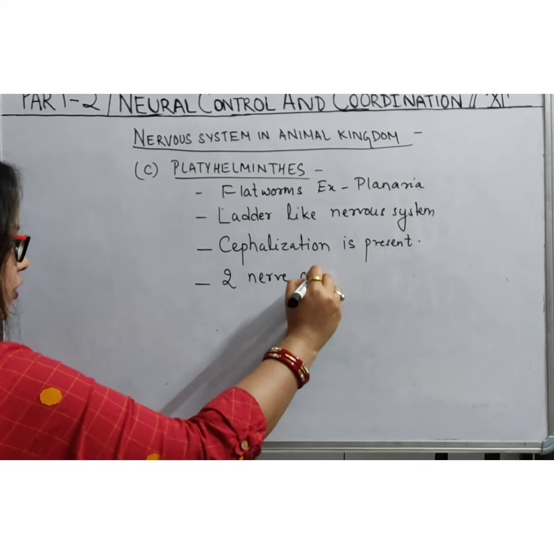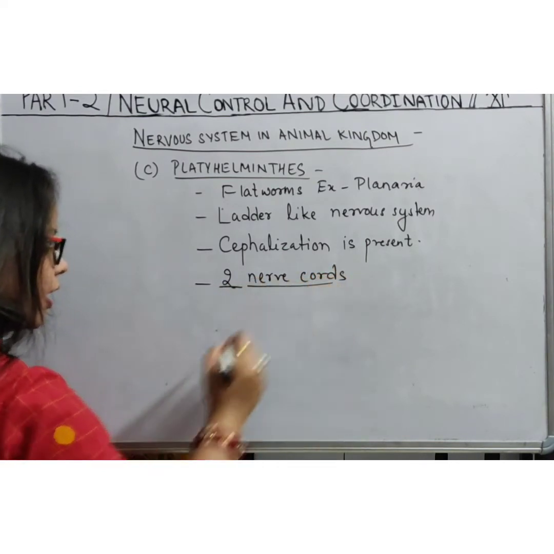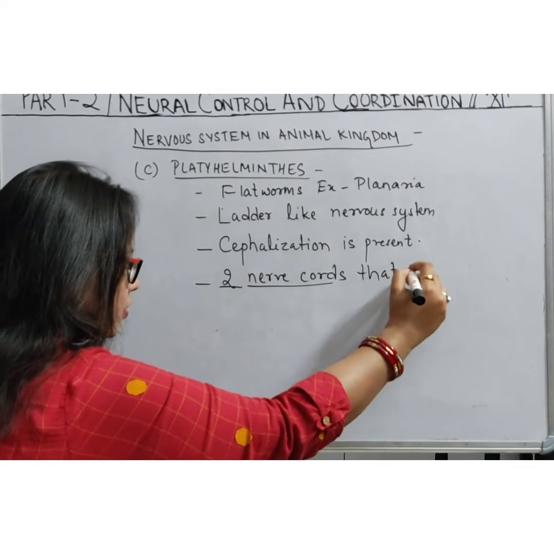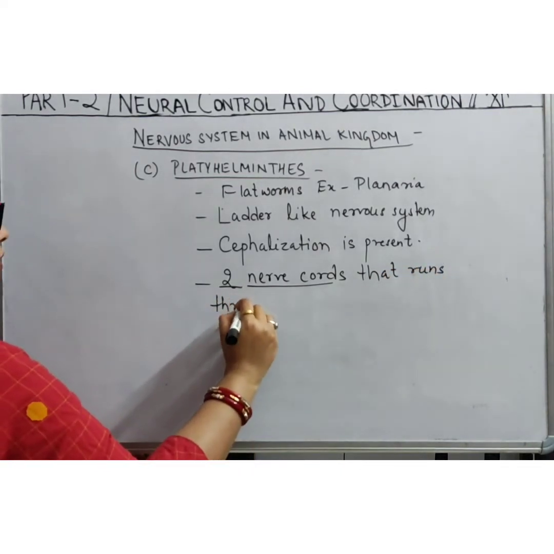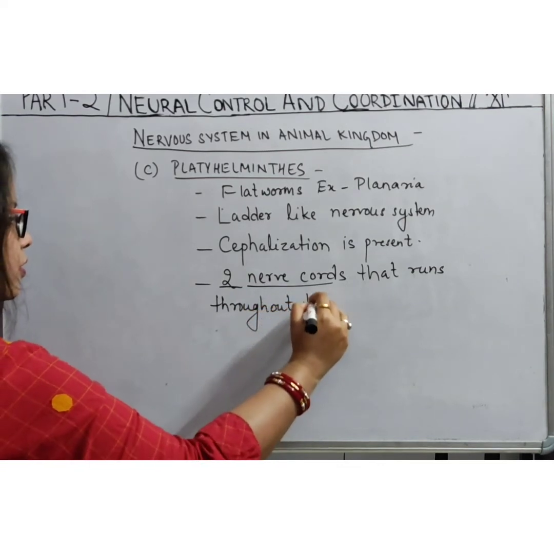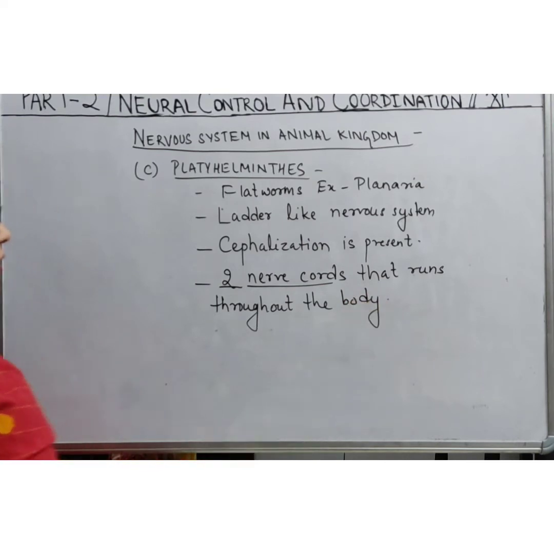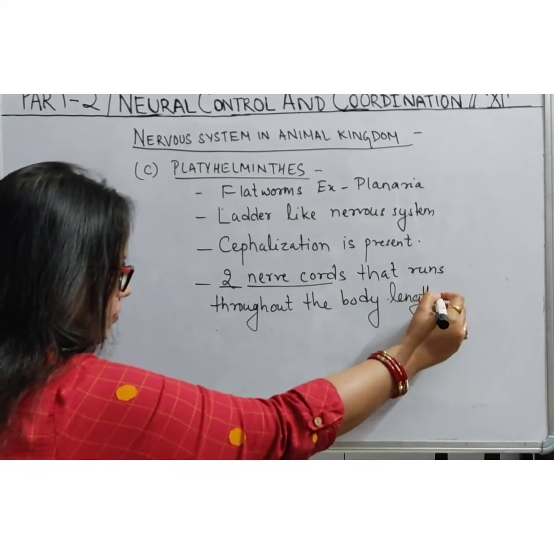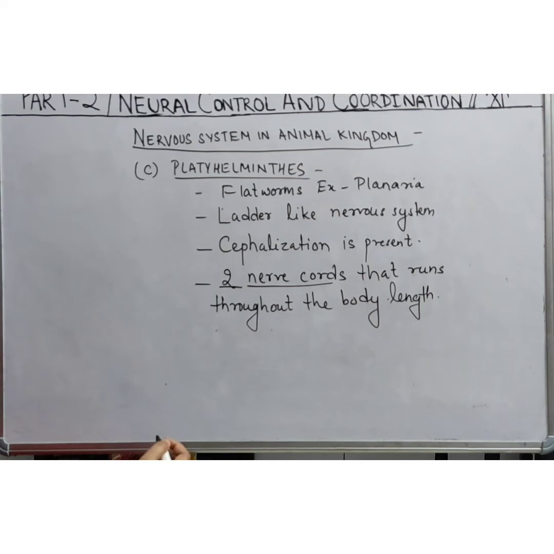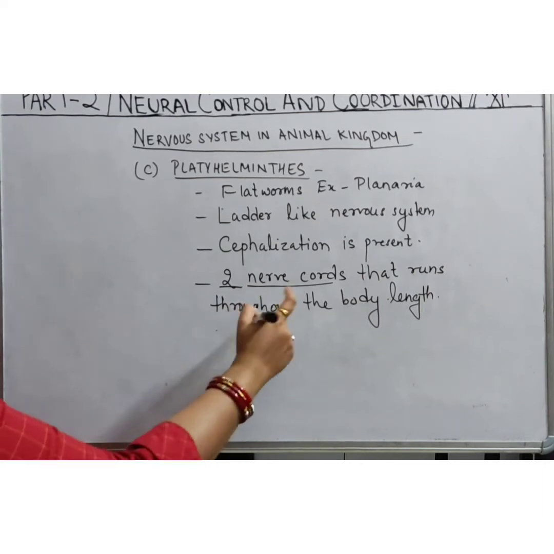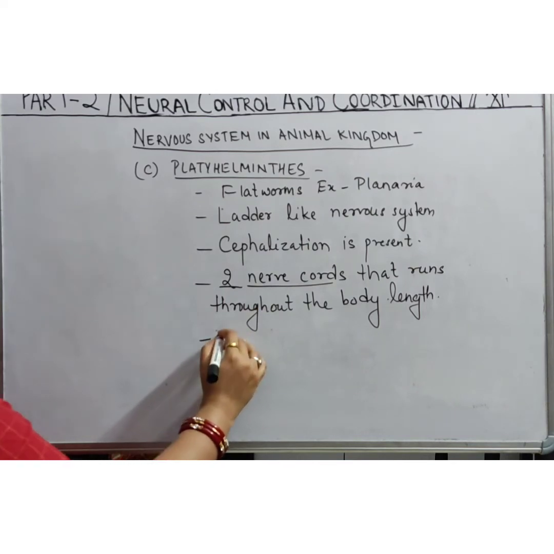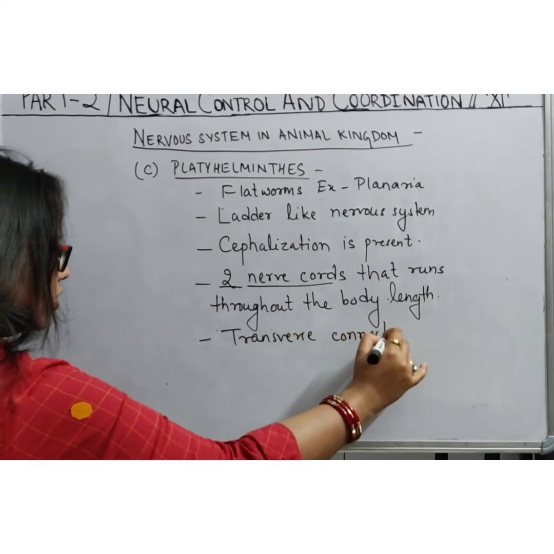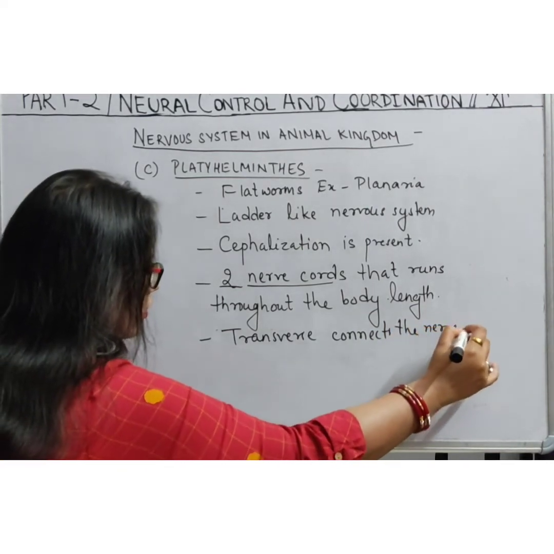You should highlight and underline this: two nerve cords that run throughout the body length. Next, these nerve cords are connected by transverse nerves, so transverse nerves connect the nerve cords.